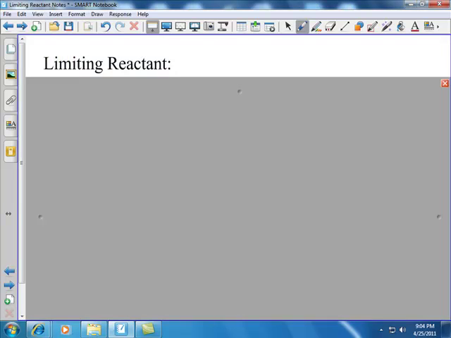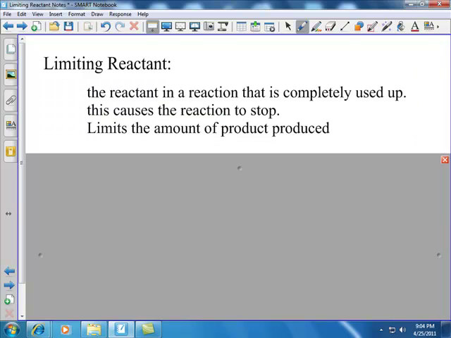Now, this starts first of all with a couple of definitions. The first definition we're going to look at is for what is called the limiting reactant. Limiting reactant is exactly what it says it is. It is the reactant that limits how much product is going to be produced.